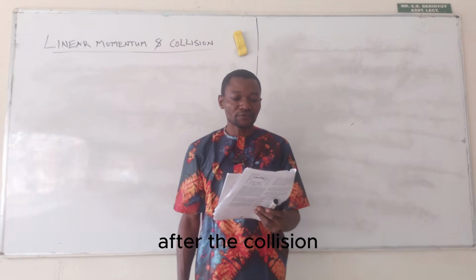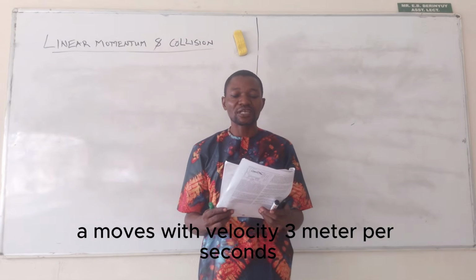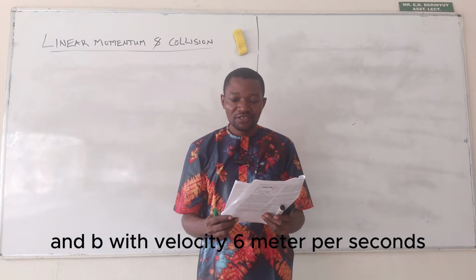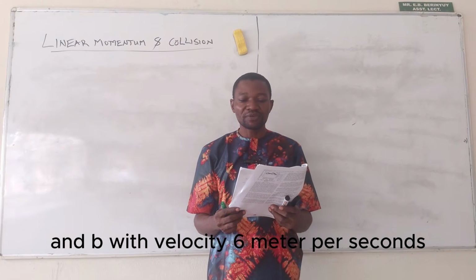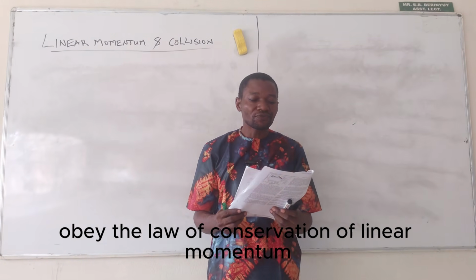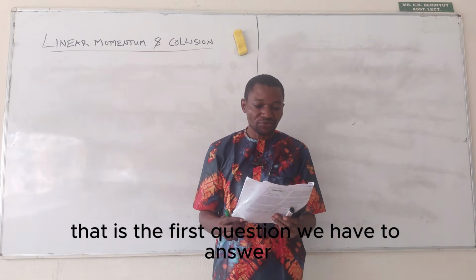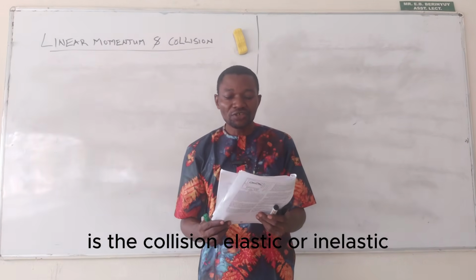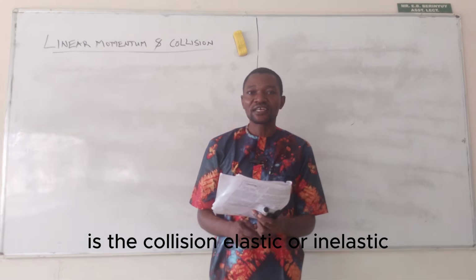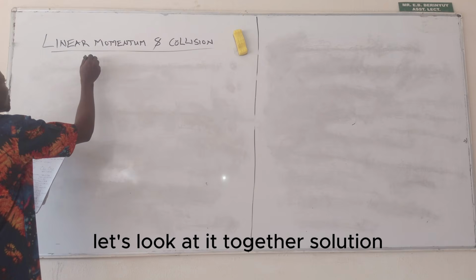After the collision, A moves with velocity 3 meters per second and B with velocity 6 meters per second. Show that the collision obeys the law of conservation of linear momentum. That is the first question we have to answer. Is the collision elastic or inelastic? So this is the question before us. Let's look at it together.